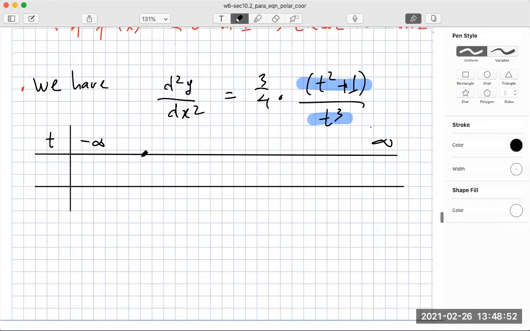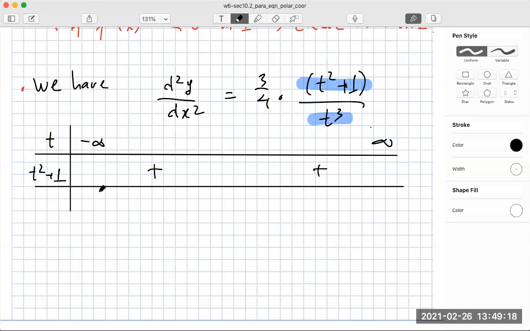So, therefore, if we know the properties of t squared plus 1, for any value of t, it is always positive, or specifically, it's always larger than 1, because t squared is larger than or equal to 0 already.